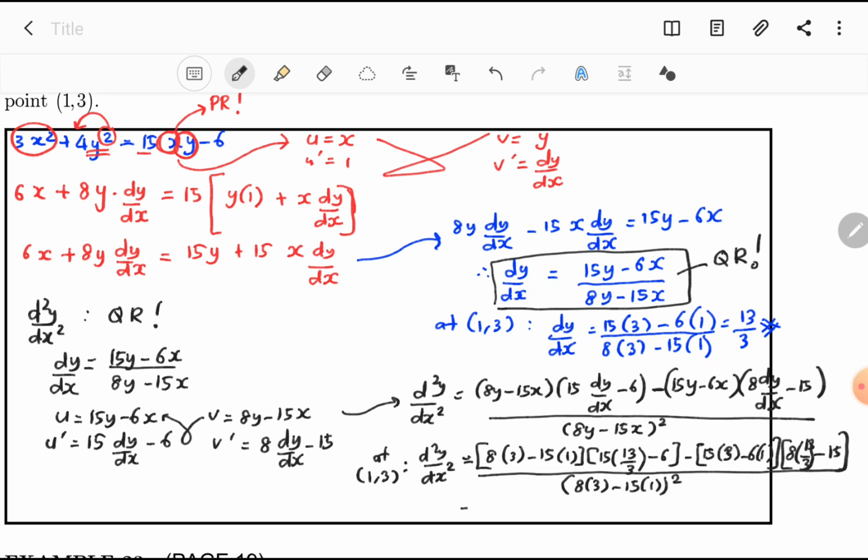And if you calculate using your calculator, you will get the answer negative 236 divided by 81.